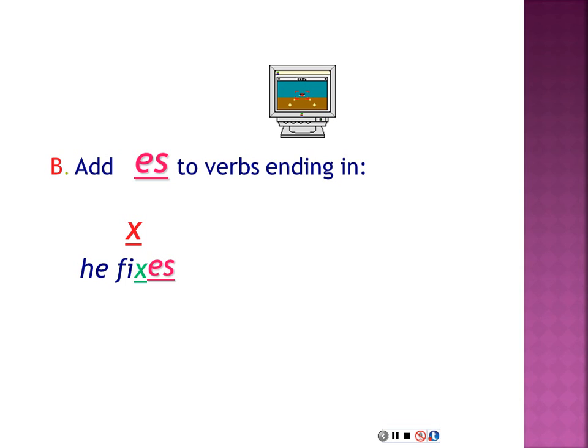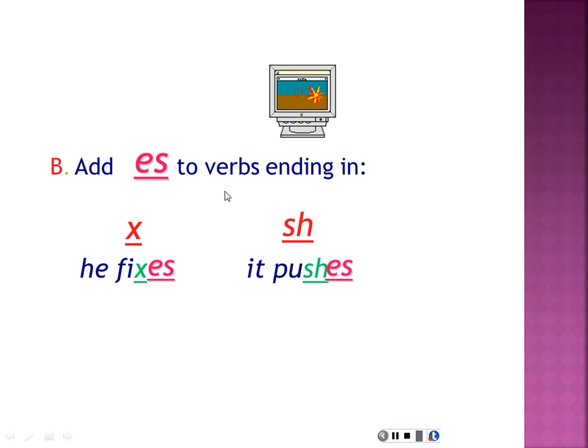So we add es when we have the verbs which end in x, like fix, the last letter is x, so we add es. So he fixes. This is the first case.